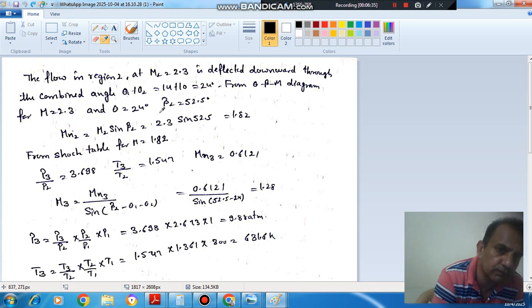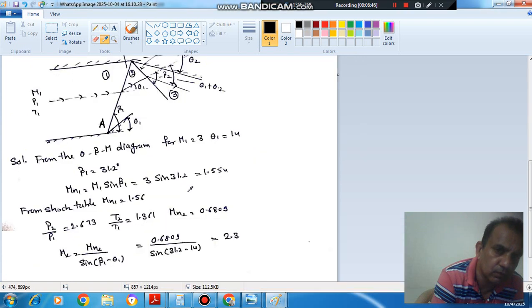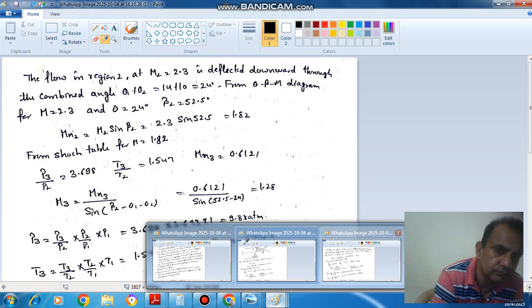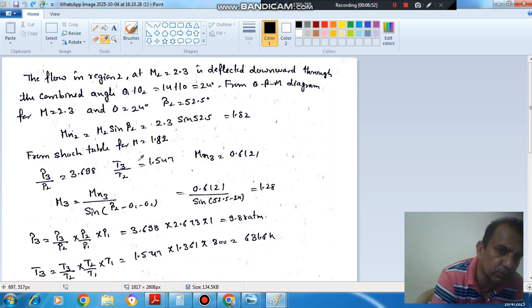From this we can again find the normal Mach number. The normal Mach number is M2 sine beta 2, which will come out as 1.82. Now from the shock table we can find the relationship between the properties of region 2 and 3: P3 by P2, T3 by T2 and Mn3.